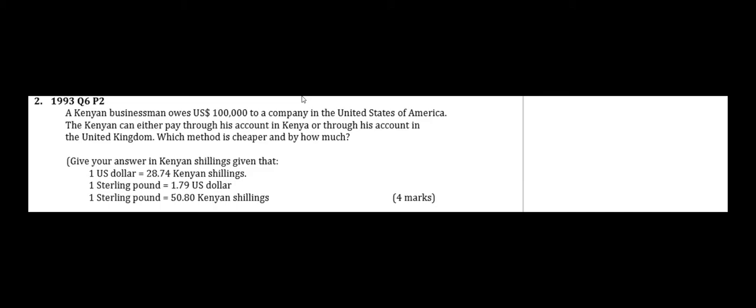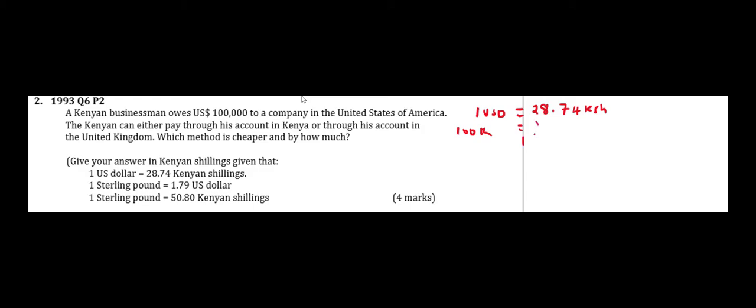So we shall convert this money first into Kenyan shilling. The rate of conversion is $1 is equivalent to 28.74 Kenyan shilling. So if 1 USD is equivalent to 28.74 Kenyan shilling, then how much is 100,000, 100K, let's call it 100,000 US dollars.